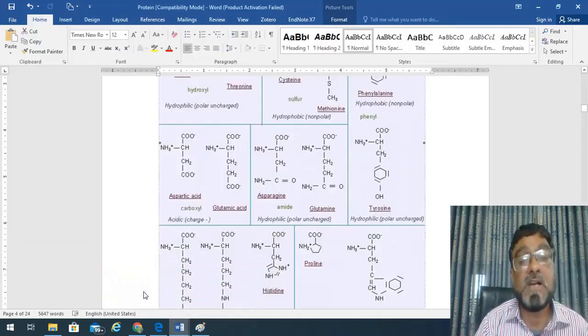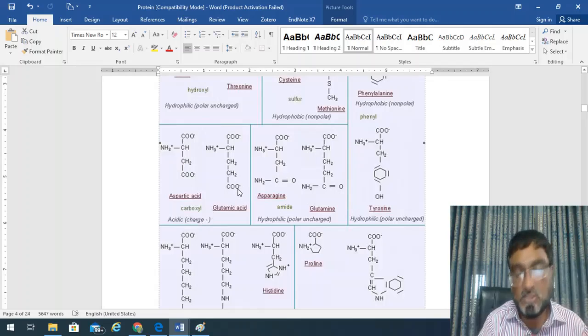So this is the aspartic acid, and for the glutamic acid you will be adding another CH2 at that point. And this is the acidic and charged. Acidic behavior is due to the presence of this extra COOH group, and you can see the charge on it.